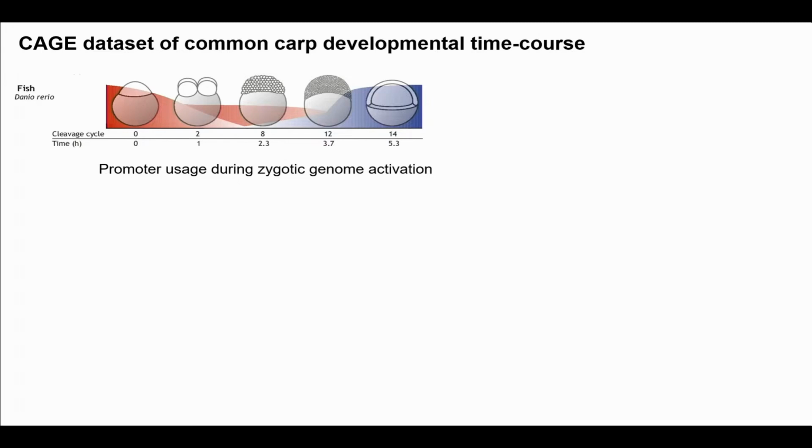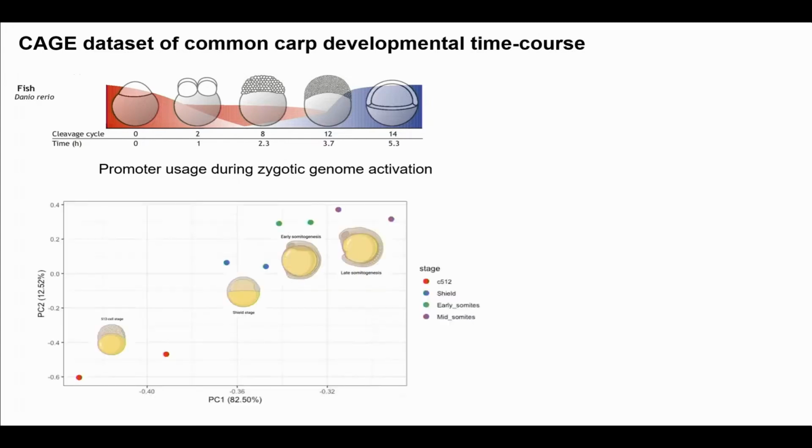When we did the PCA of the samples, we actually got a nice developmental trajectory, with the pre-zygotic genome activation stage on the left-hand side, and everything else following a nice developmental trajectory on the right-hand side.